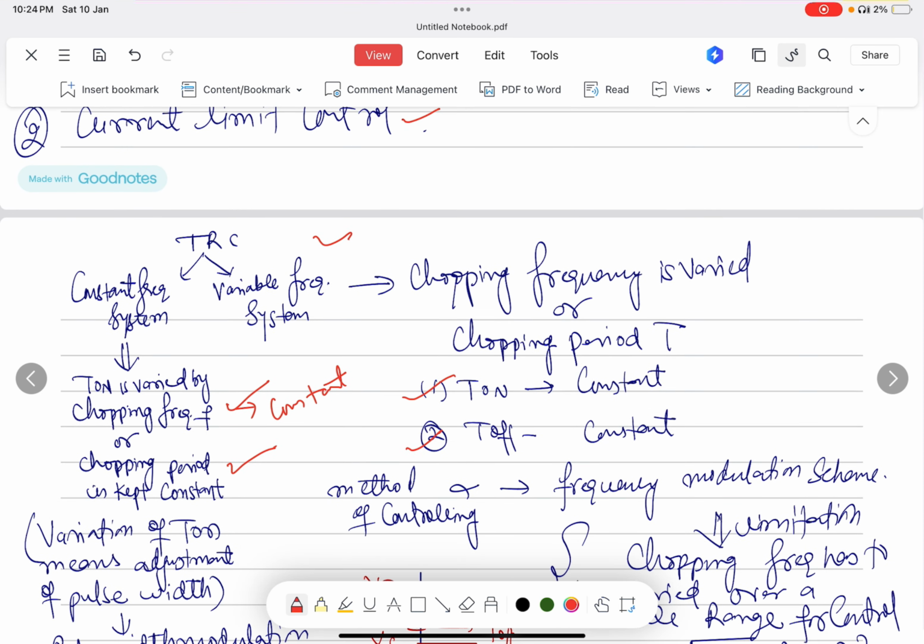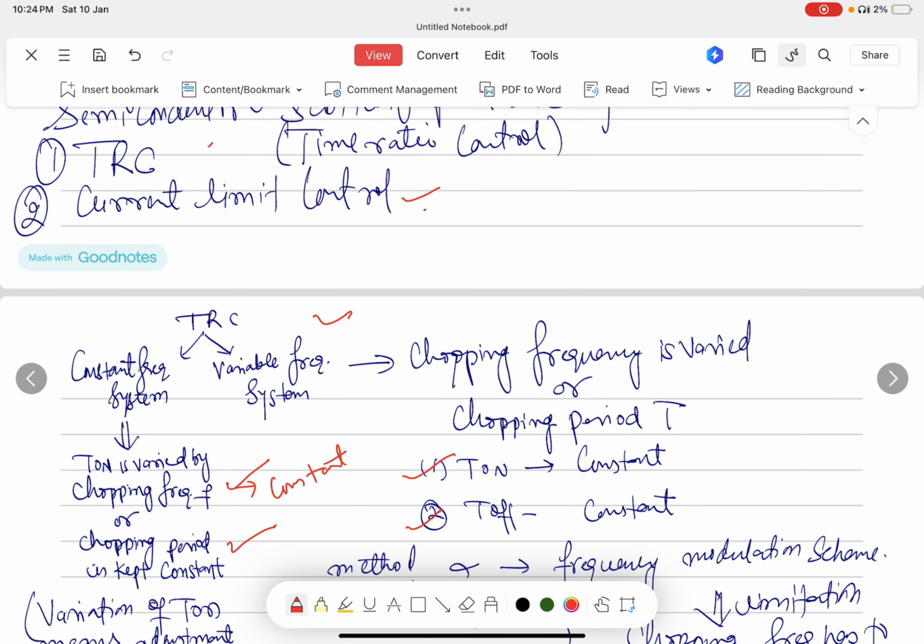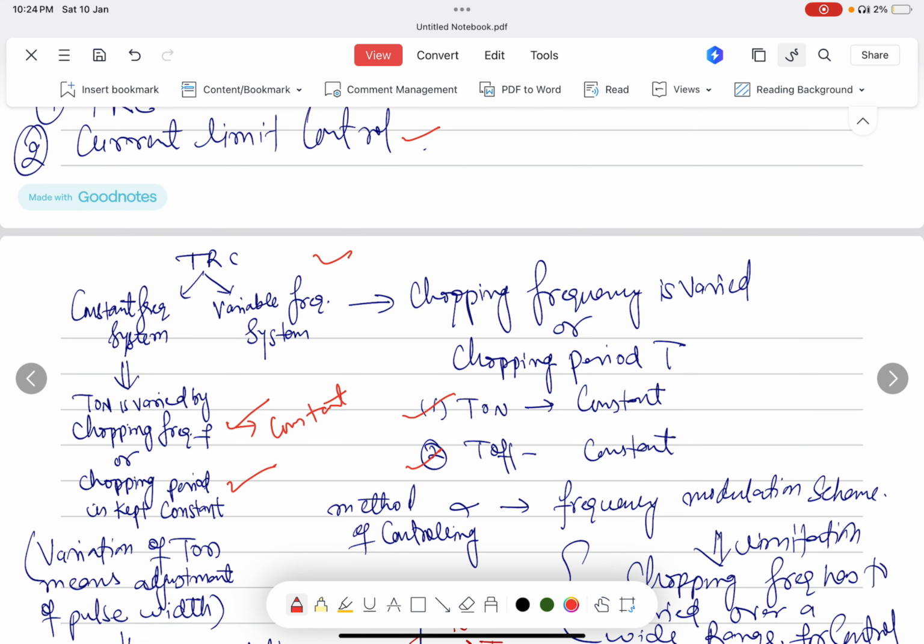As the name suggests, in time ratio control the time ratio, that is T on upon T, is the duty ratio, also known as duty cycle alpha. This is realized in two different strategies, known as constant frequency and variable frequency.